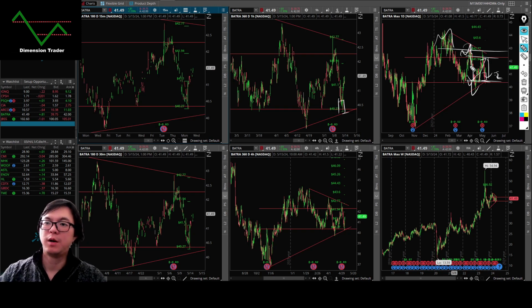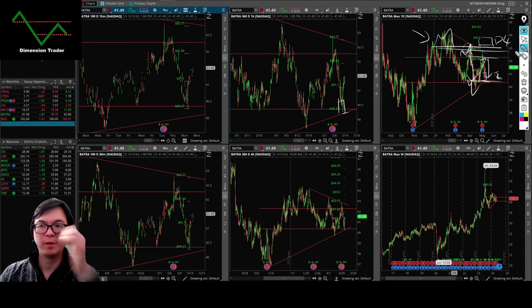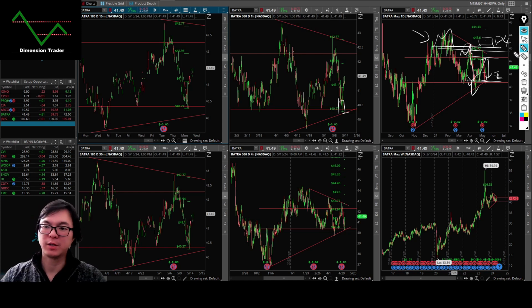So our final target should be up here, where our resistance for the dimension 4 zone is, for the possible reversal setup. Of course, this trend could end up retesting the previous high, which brings us a higher return if you enter the position right at the place we recognize.